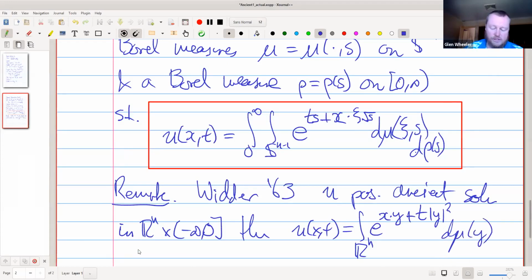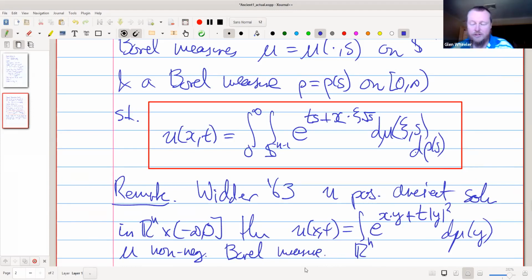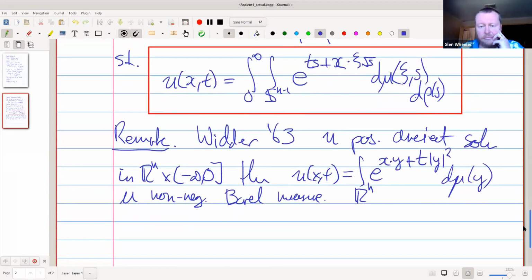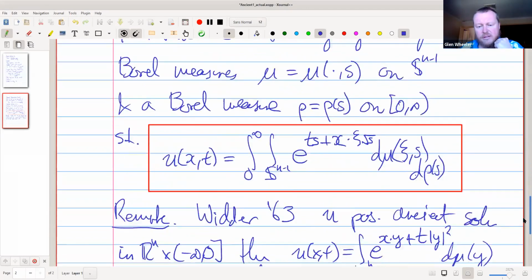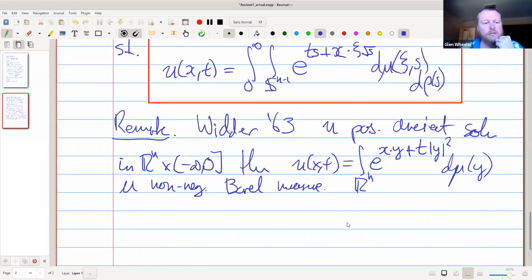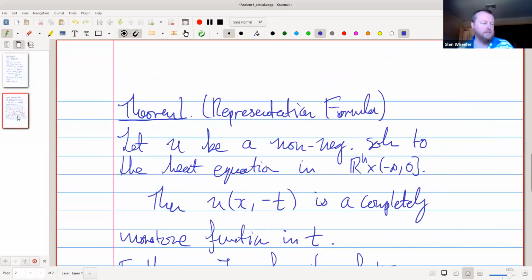And here mu is a non-negative Borel measure. So with all the measures floating around, you can guess there's going to be some measure theory here, but I'm going to try not to focus on it. Yeah, so that's the first theorem, the representation formula. And that's what I'm going to talk about proving, or I'm going to try to prove it actually.